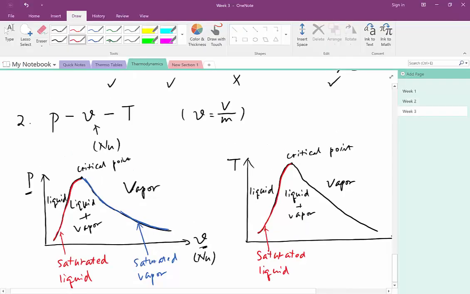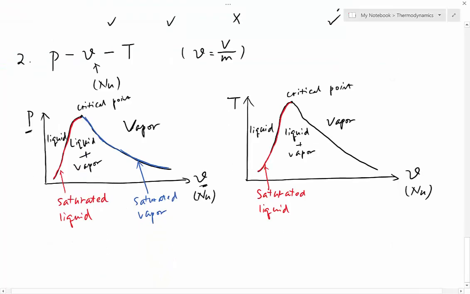And then same as before. If it falls right on the right half of the vapor dome, indicated in blue, then the substance inside your pipe must be saturated vapor.